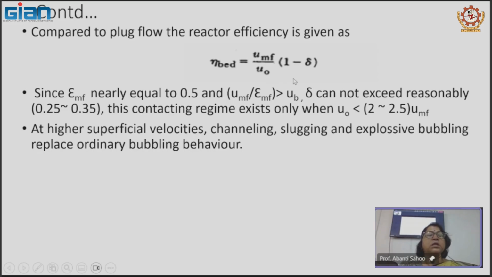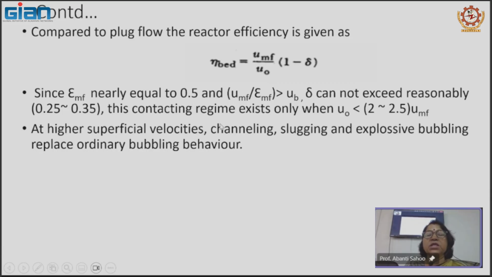As under the minimum fluidization condition, the bed voidage epsilon MF is about 50% of the bed volume, that is 0.5. And also we know that UMF by epsilon MF is greater than the bubble velocity, in this type of reactor, where we can determine that delta cannot exceed reasonably 0.25 to 0.35, because if we exceed this, epsilon MF will be exceeding 0.5 also, but epsilon MF cannot.